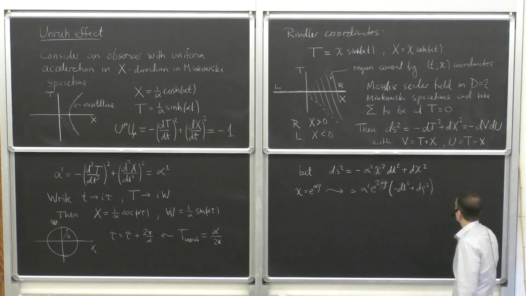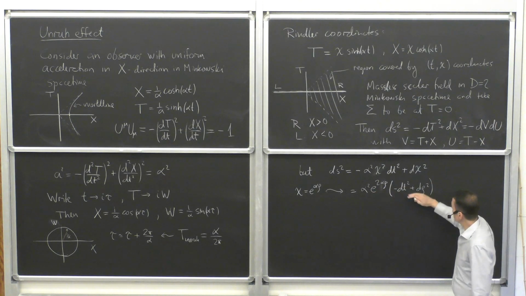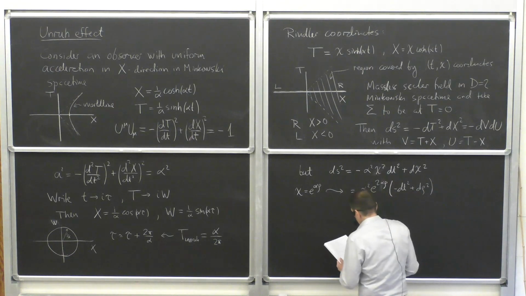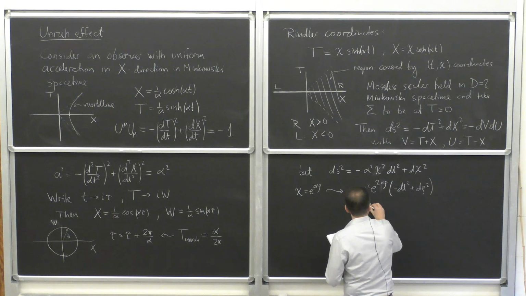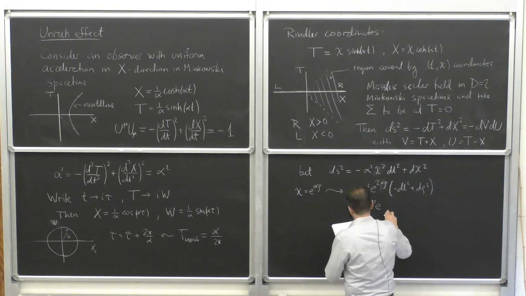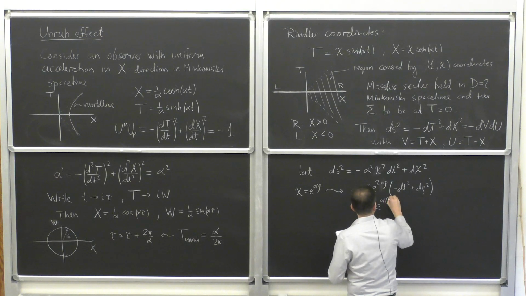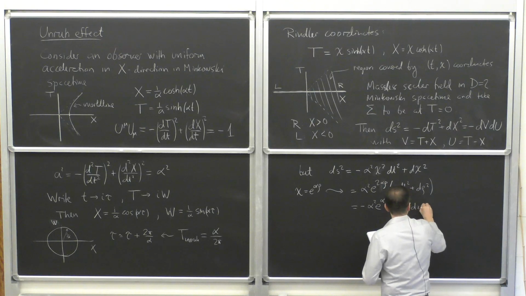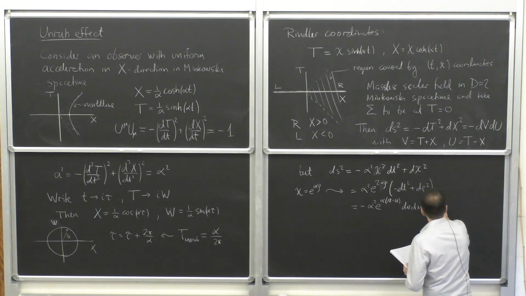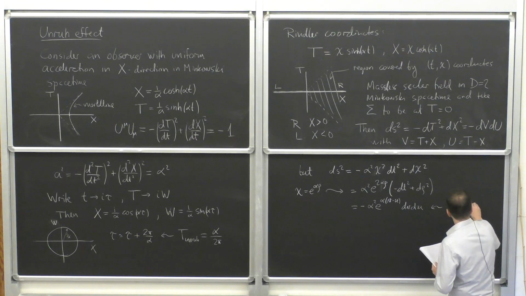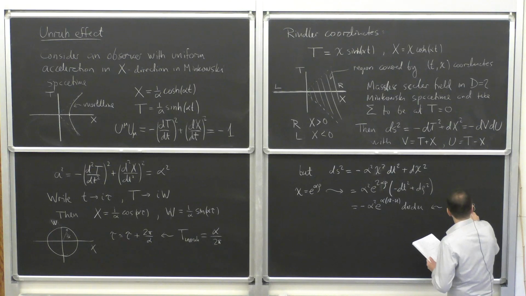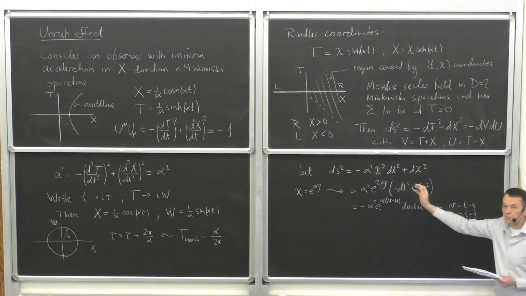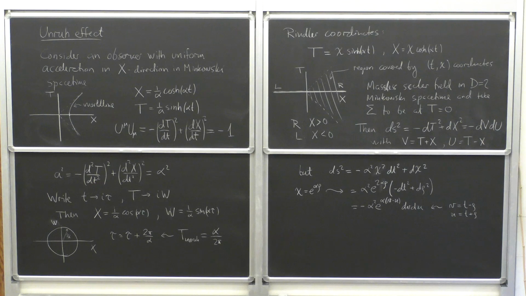This is exactly what I need to bring this into null form as well. I can write that as minus alpha squared e to the alpha times (v minus u), lowercase dv du, where this time lowercase v is in Rindler coordinates, t minus rho. So far, this is just manipulation of the metric.